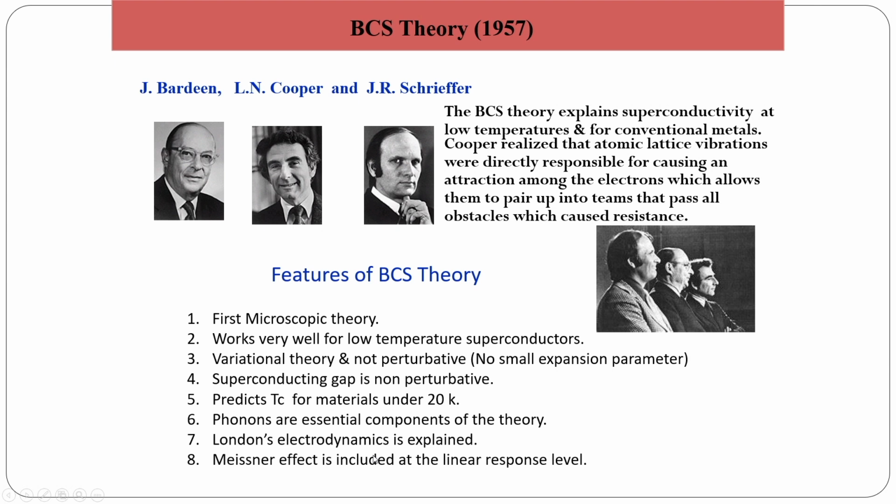Coming to the BCS theory, this was proposed in 1957 by three people, John Bardeen, Leon Cooper and J.R. Schrieffer, and it explains superconductivity at low temperature in conventional metals.